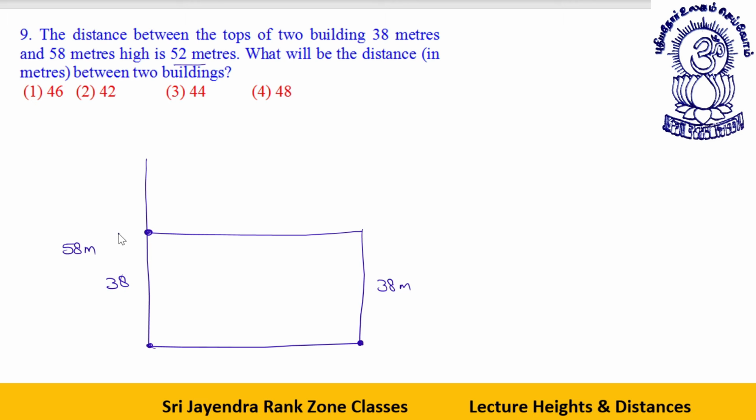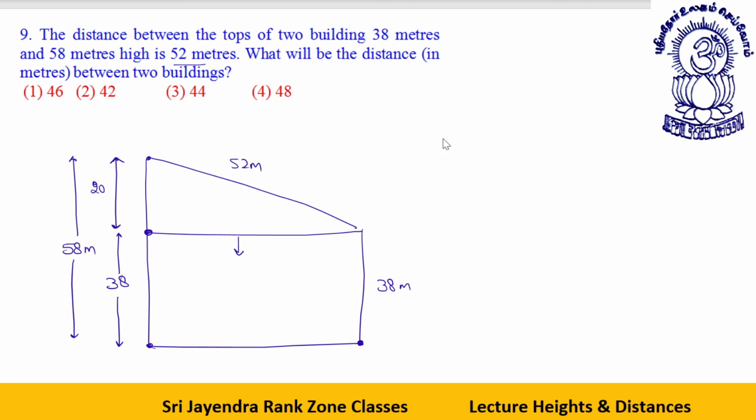This is 38. Now this entirely is 58, so this will be 20 meters. The distance between these tops is 52 meters. What will this side be?